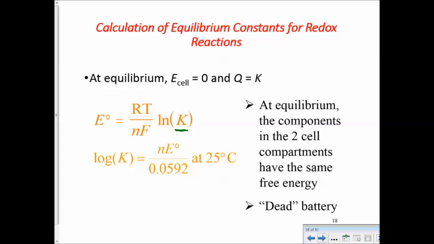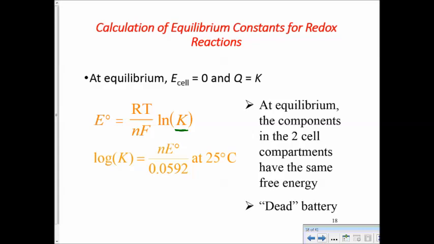Wait, if it's negative, the battery is negative. If what's negative? If E cell is negative, you don't have a spontaneous galvanic cell. It just doesn't work at all. Yeah, it's not going to occur.